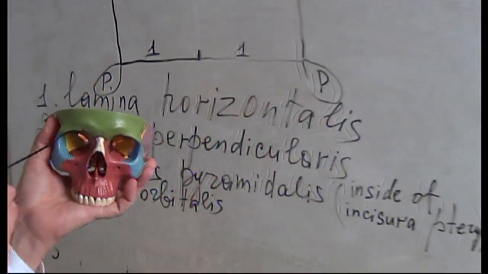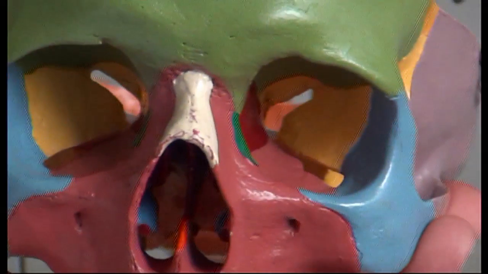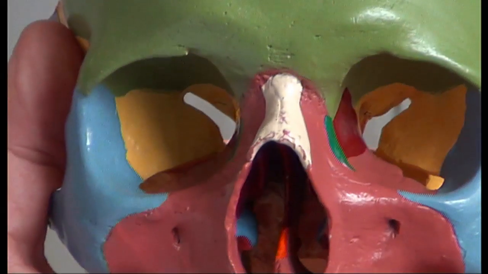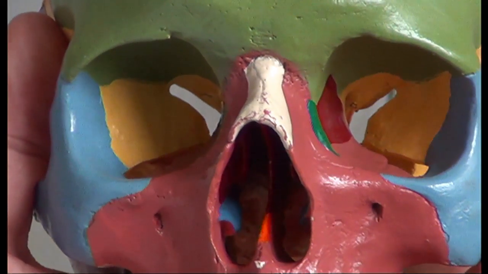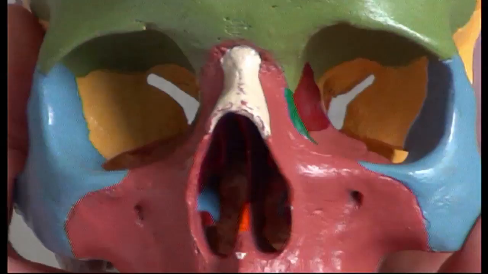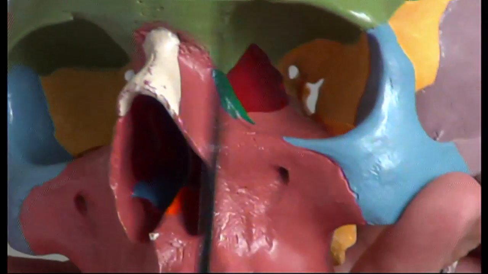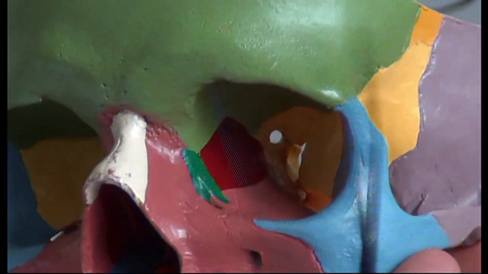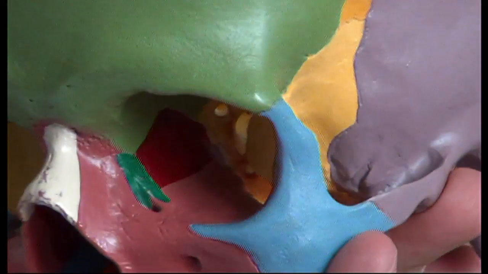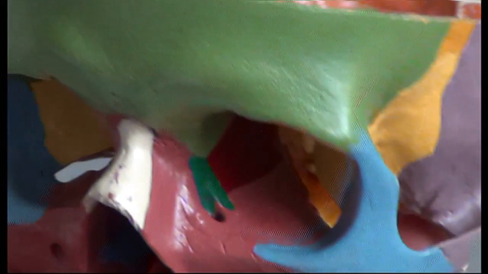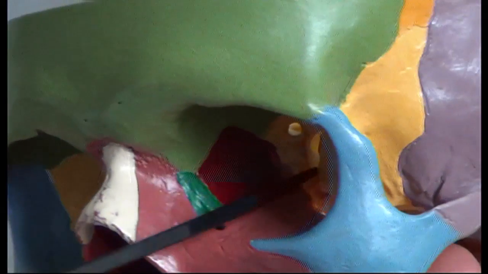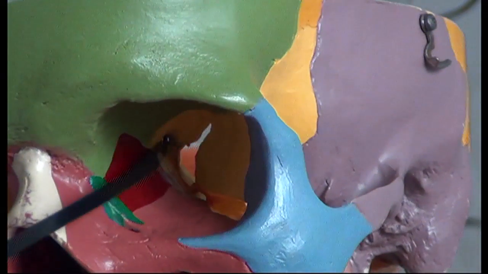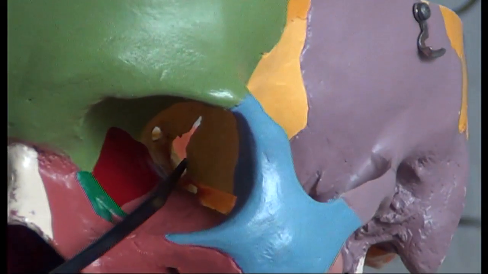The orbit has a shape of a quadrangular pyramid. This is the base of this pyramid. There, inside, quite deeply, is the apex of the pyramid.